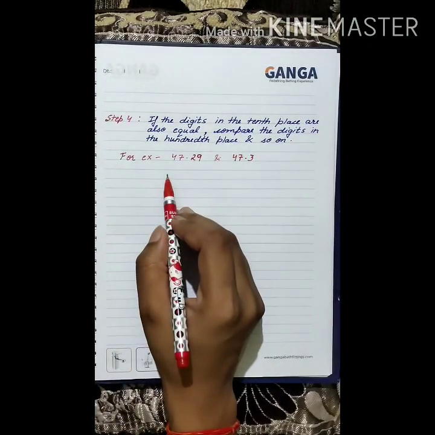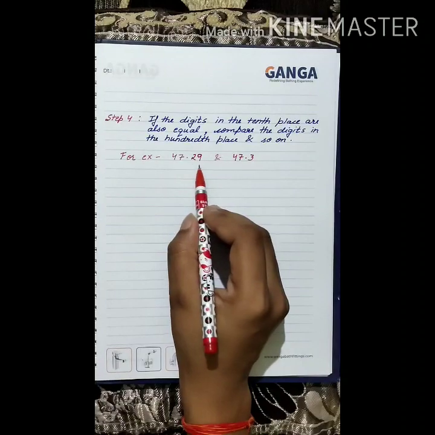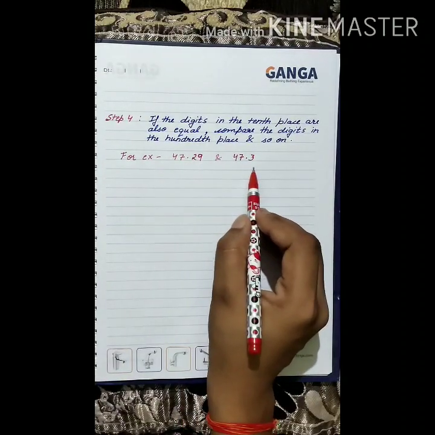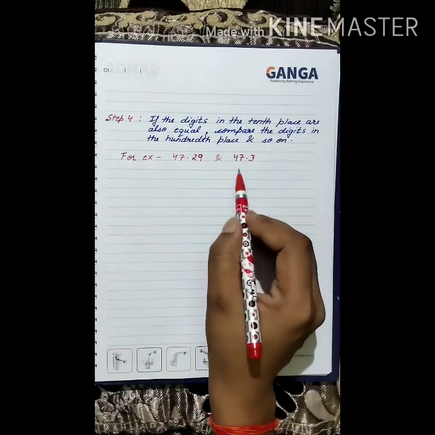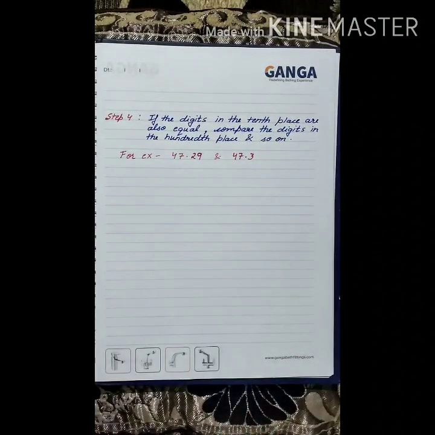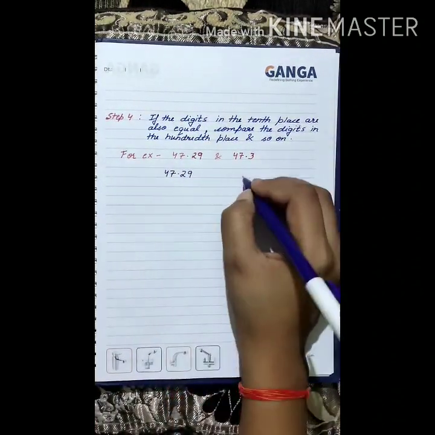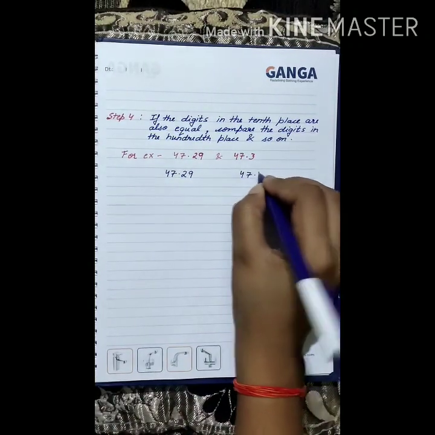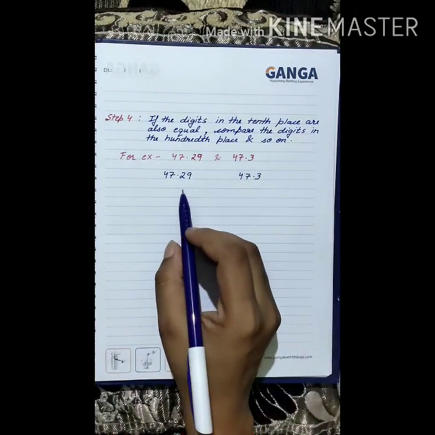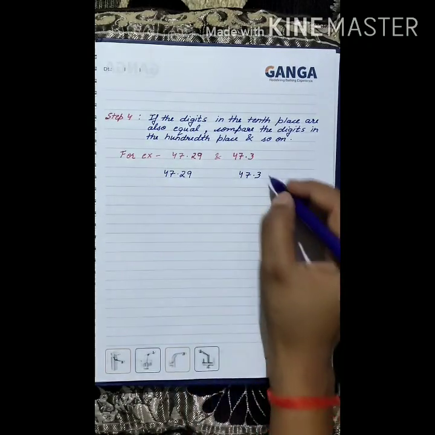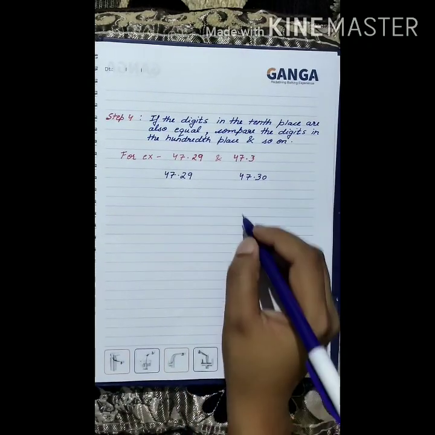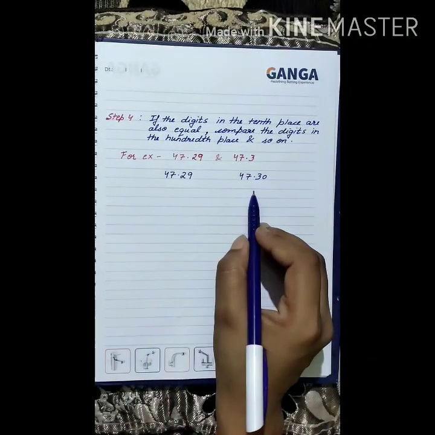If we have two decimal numbers, first 47.29 and second 47.3. Firstly, we will convert them into like decimals. Here the maximum number of digits at decimal places is 2, so we will add 0 in the second decimal number. Now both are like decimals.